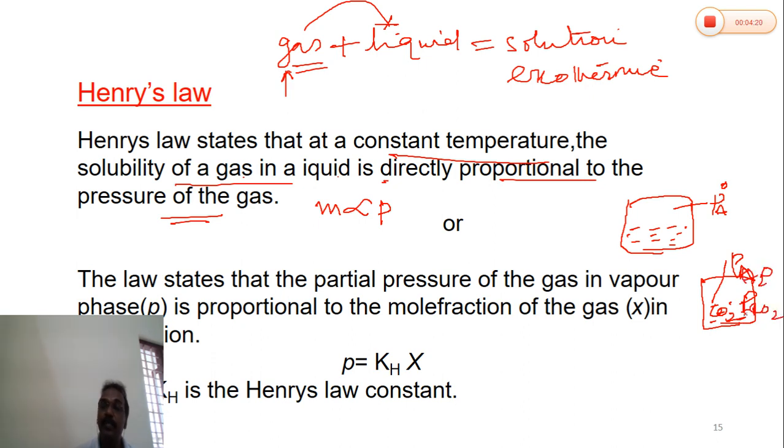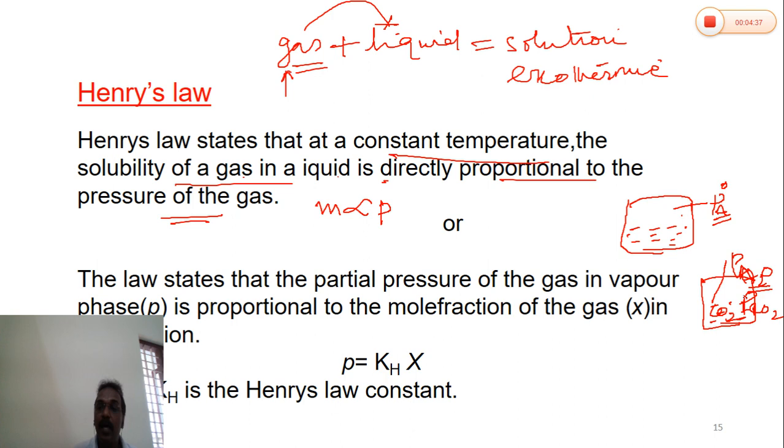When only one substance is there, the pressure is called a vapor pressure. But when a mixture of substances is there, the pressure is called a partial vapor pressure.